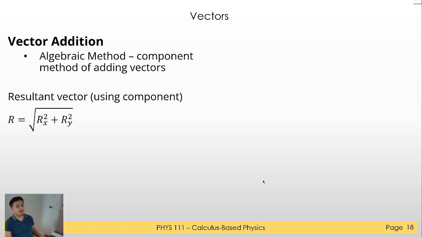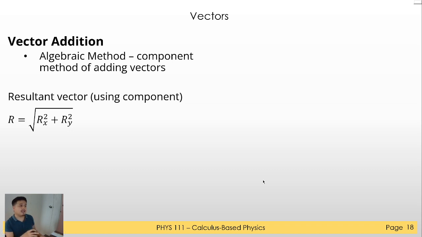And that is what we will do later for an example. Alright, so vector addition, it could be graphical, it could be algebraic method. So let's talk about the graphical method first and then the algebraic.